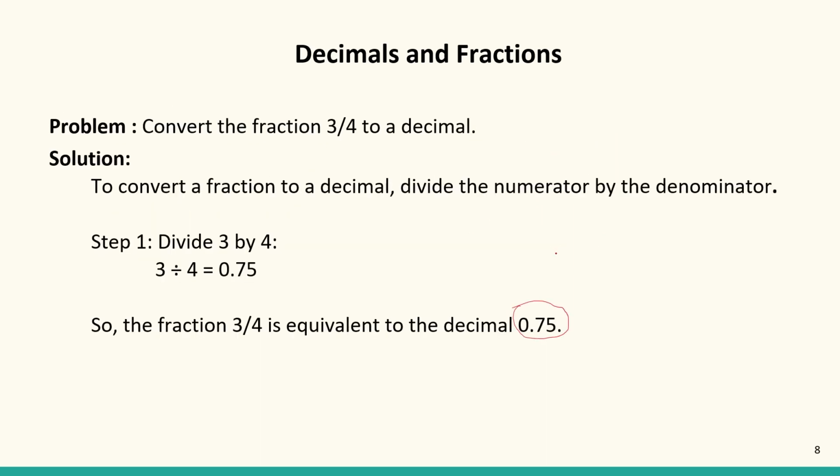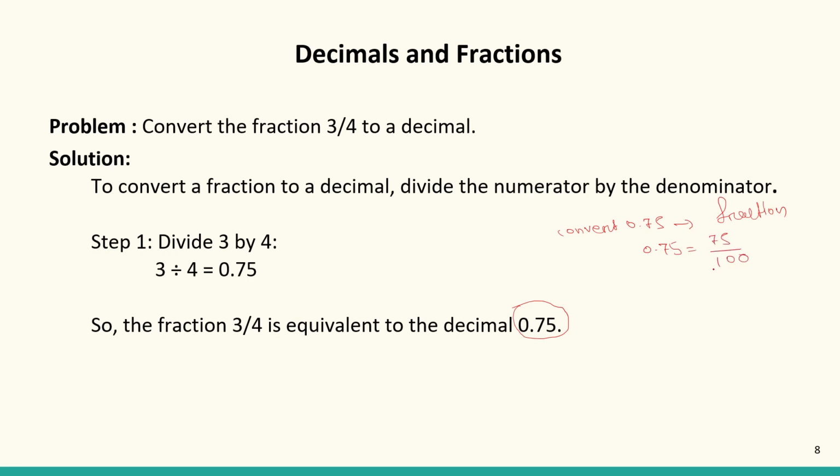If it would have been asked to convert 0.75 to a fraction, how can we do it? Let's see. If we are given 0.75, this is equal to 75 by 100.